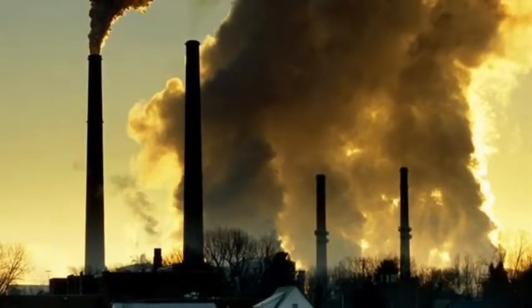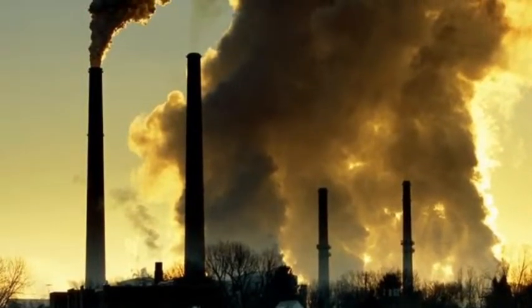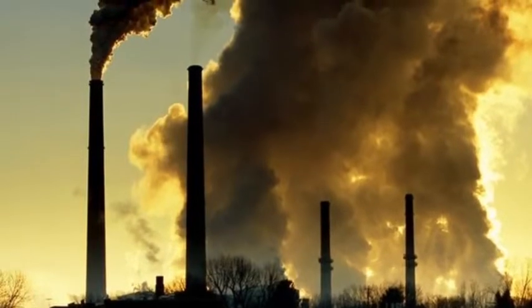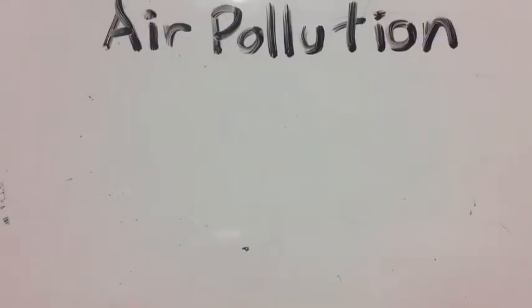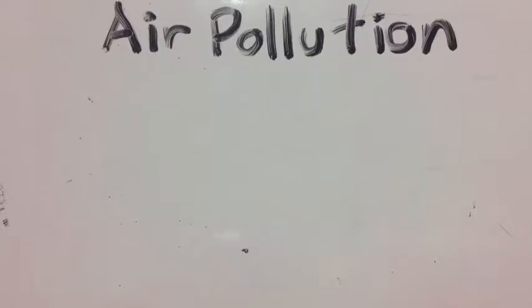And imagine how much air pollution the factories and the vehicles make. Do you know what air pollution is? Air pollution is when something releases CO2, like when a car releases gas or a factory releases smoke.